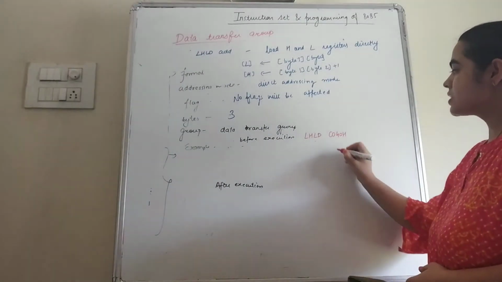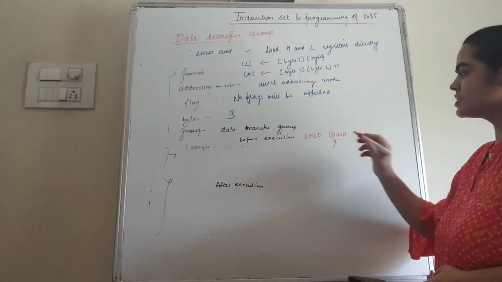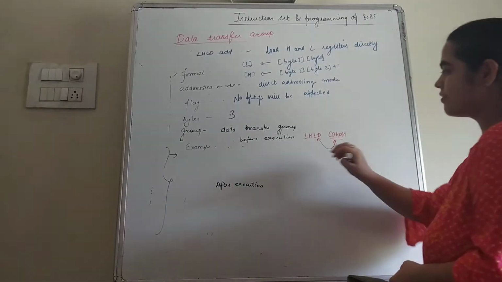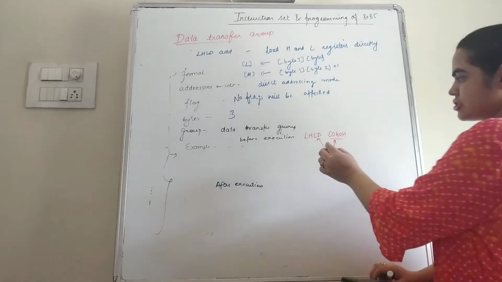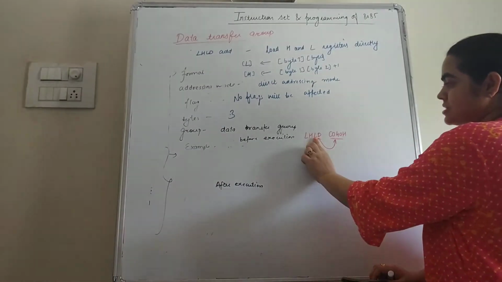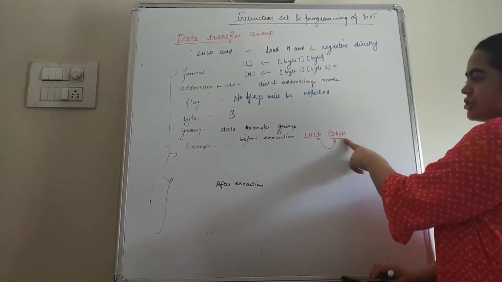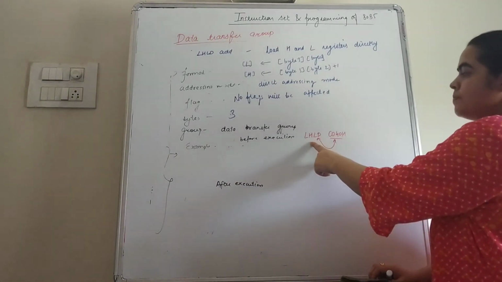So the contents that are present in this memory location are of 8-bit, and they will be moved after the execution of this instruction into the L register, while the contents of the next memory location will be stored into the H register.